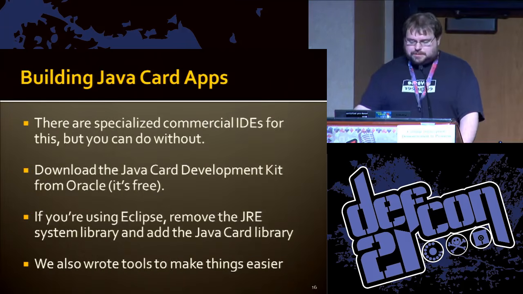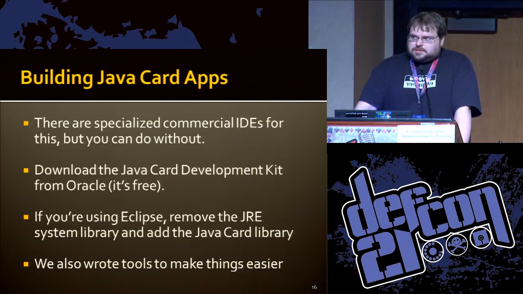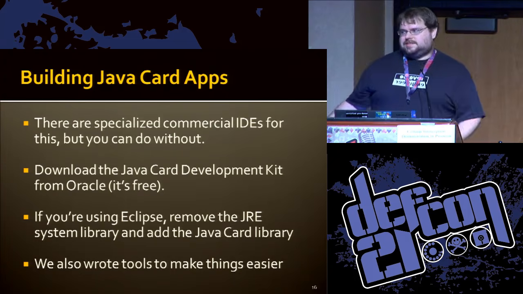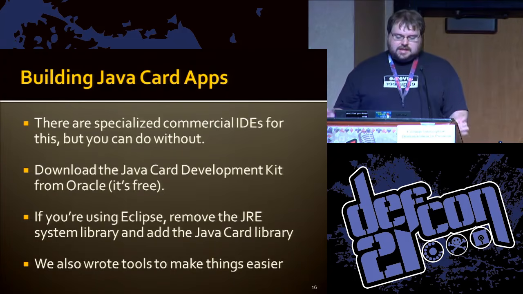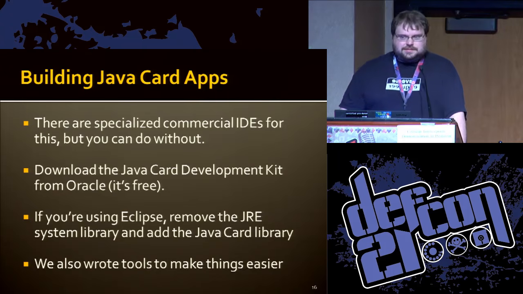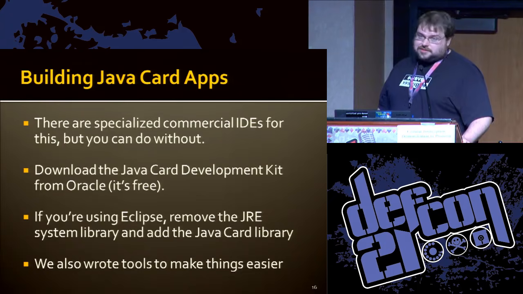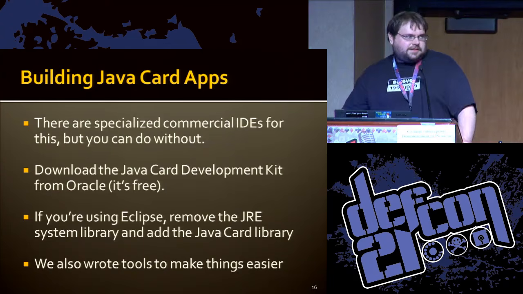So how do you actually build these things? We looked into how to actually write these apps for our Shady Tel SIMs. There are a lot of commercial IDEs for this, but they start around $3,000. So that was a non-starter for us. But as it turns out, you can still download the Java Card Development Kit from Oracle for free. It was kind of surprising, but thanks Oracle for that.